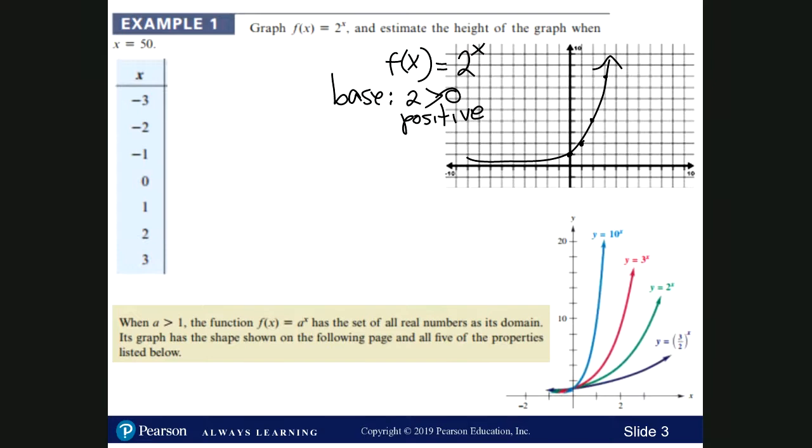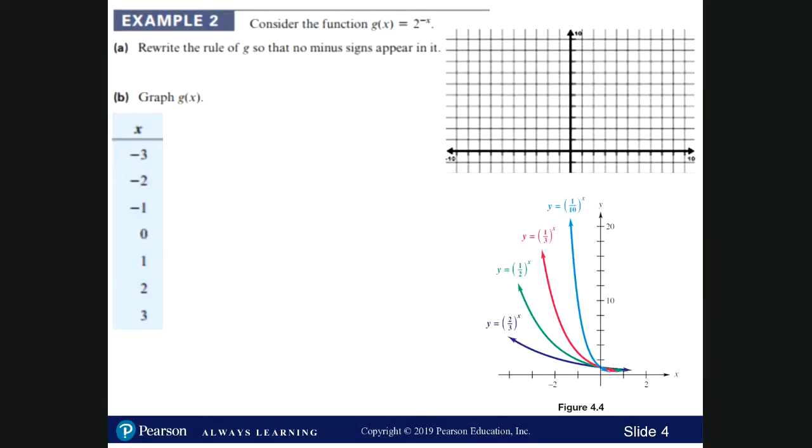Now let's look at the other one. And for this one, we had a graph that was decreasing. And if you recall the equation for it, we started with 2 to the power negative x, but we transformed the equation into 1 over 2 to the power x.